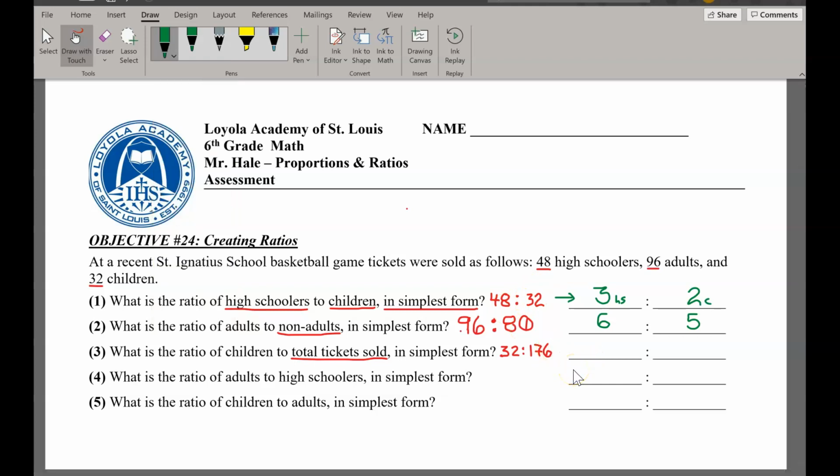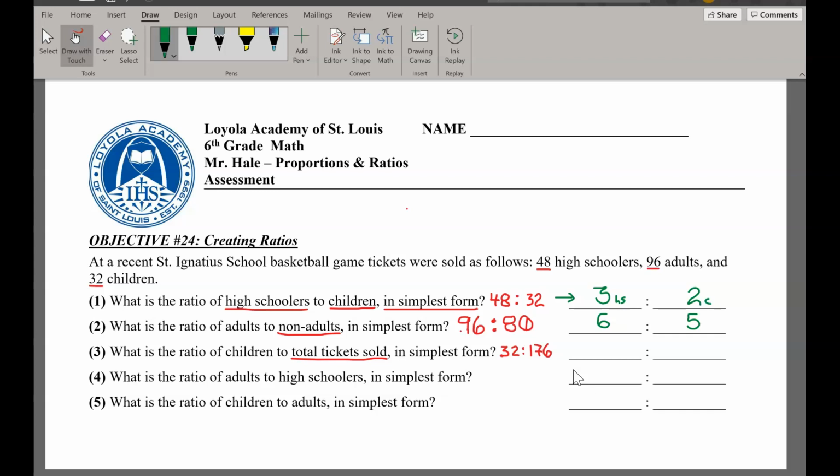So, 32 and 176. It just happens to be a coincidence in this example set of problems that all of the numbers we're running into can be divided by 16. In your homework and in future work with ratios, that may not be true. You may not be able to simplify, or you may be asked to simplify by 3 or by 20 or by 15.